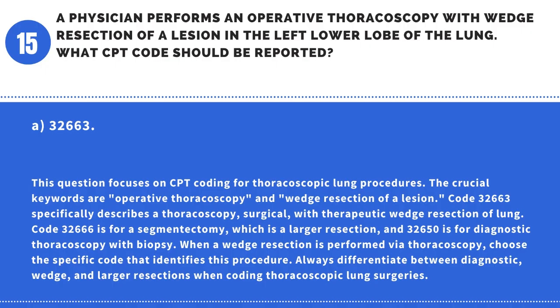Code 32666 is for a segmentectomy, which is a larger resection, and 32650 is for diagnostic thoracoscopy with biopsy. When a wedge resection is performed via thoracoscopy, choose the specific code that identifies this procedure. Always differentiate between diagnostic, wedge, and larger resections when coding thoracoscopic lung surgeries.